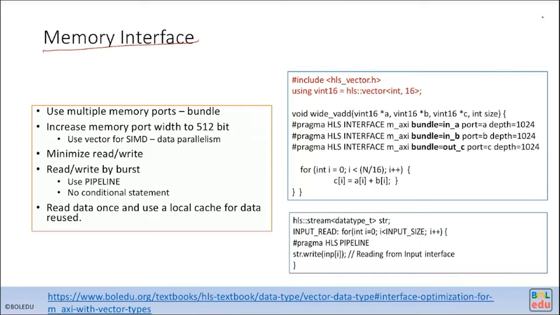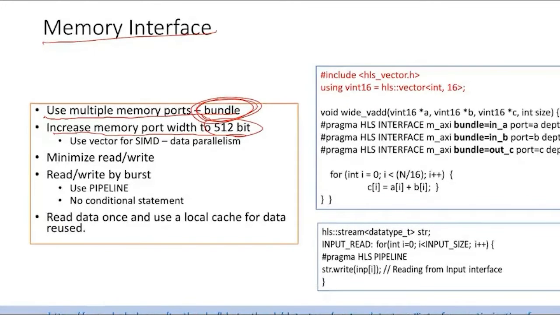And the FPGA already provides multiple memory ports, so you can use multiple memory ports. In HLS, you use the bundle syntax to specify different memory ports, and you can increase the memory port width to 512 bits. To do that, you can use a vector for SIMD. That's the data parallelism. You increase the data width to do the data parallelism.